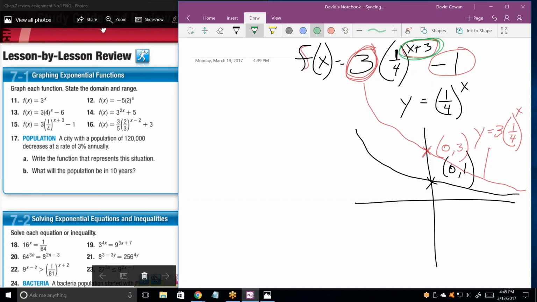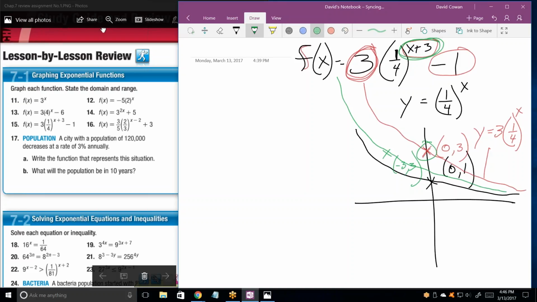Again, I'm going to take the only point that I know, that one right there, and I'm going to shift it 3 units to the left. So what are its coordinates now? That's going to be -3, 3. And in terms of the y-axis, I won't worry about that for the moment.